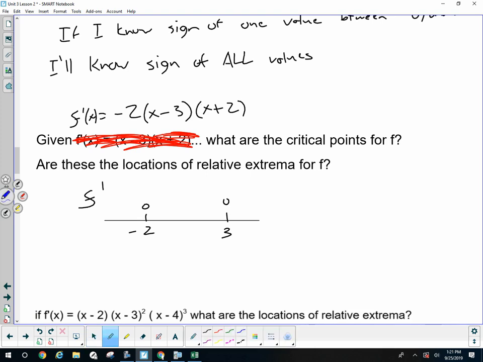But if I plug in 4, maybe with numbers one more time, I got negative 2 times (4 minus 3) times (4 plus 2). I don't care that it's negative 2 times 1 times 6. I care that it's a negative times a positive times a positive. That's a negative. Do the other intervals if you were wrong for the sign of f prime to the right of 3.